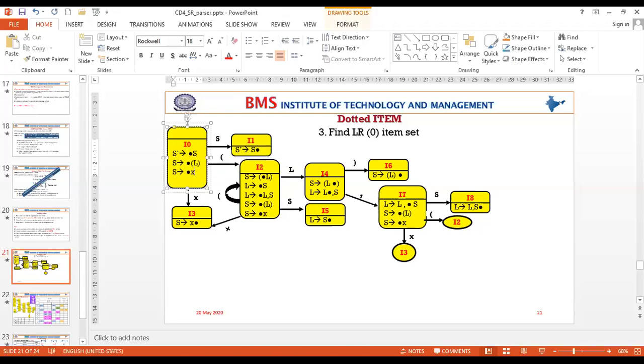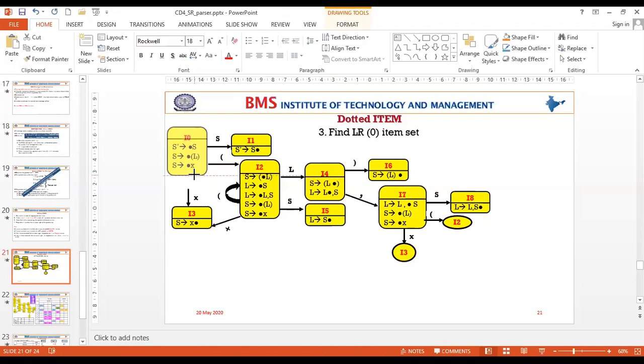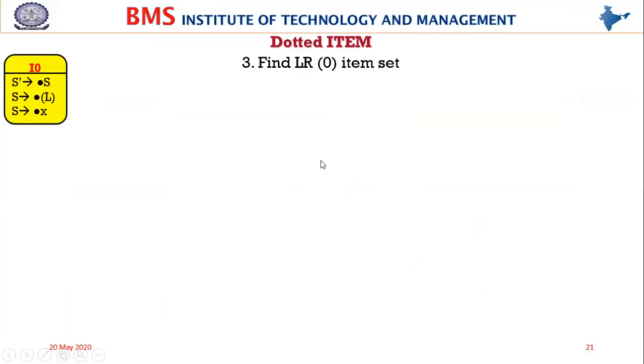We get only the S productions. We started with the augmented start state: S' produces dot S, S produces dot open parenthesis L close parenthesis, S produces dot X. You see that in the second production the dot is in front of a terminal, so no need to include L productions.